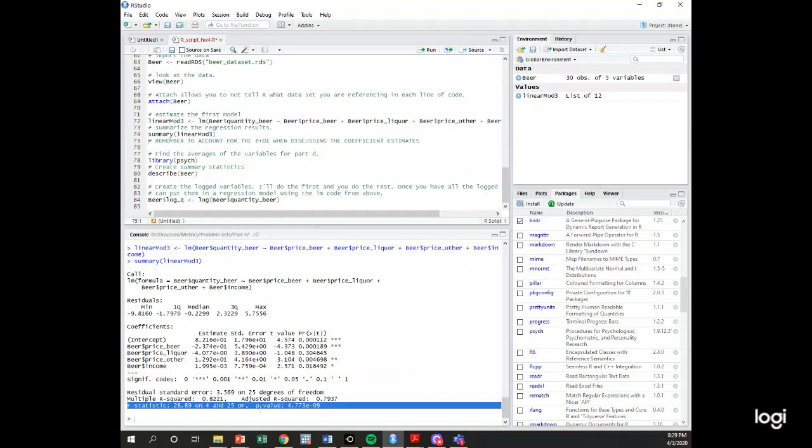I promised we'd talk about this. The F-statistic is the test of the joint hypothesis that all of these coefficients are equal to 0. And we're going to reject that most likely, as long as you have at least a reasonably well-specified model. We can reject that none of them matter.